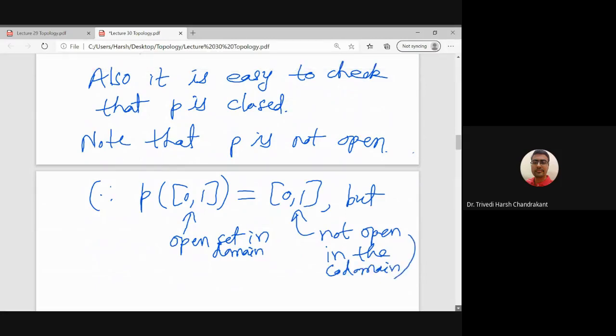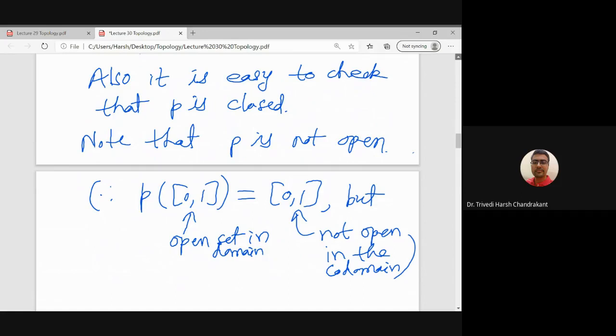So therefore P is not an open map, because if P is an open map, then the image of every open set should be an open set. But the set which is open in the domain, its image is not open in the codomain.